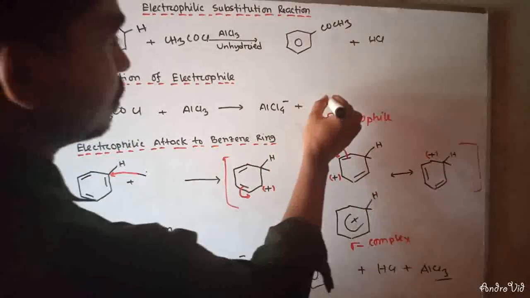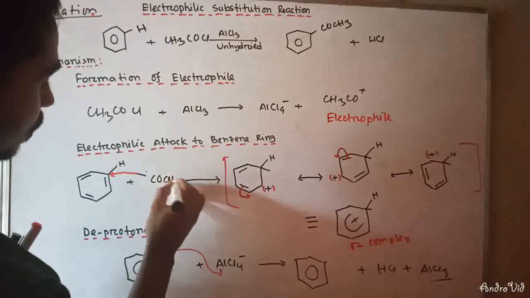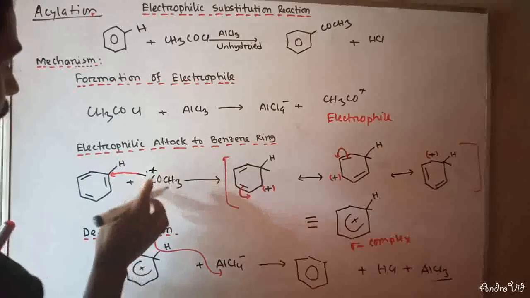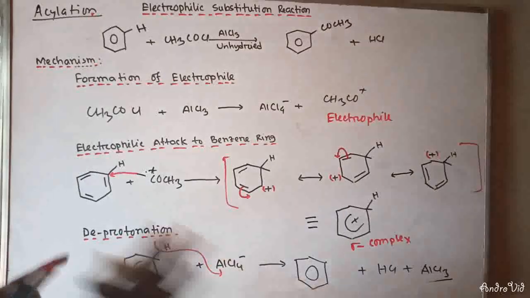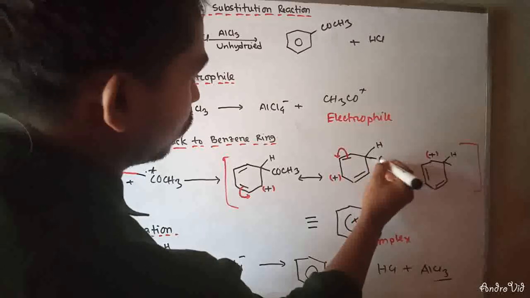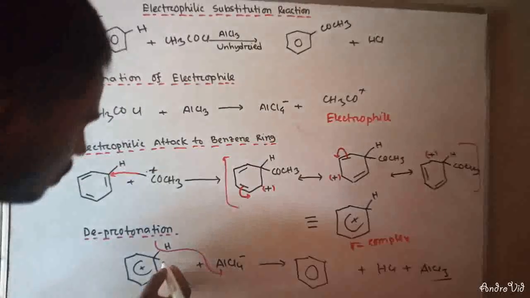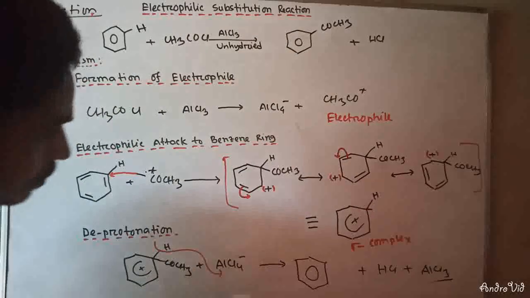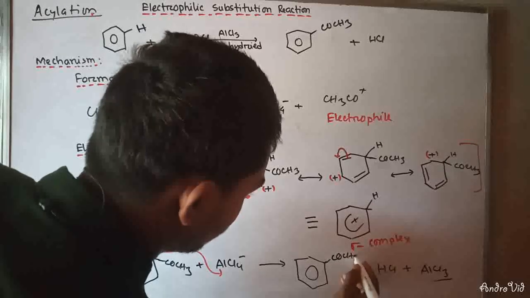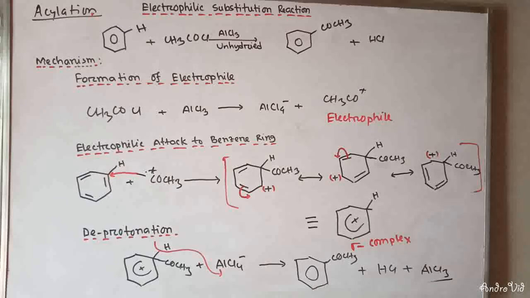COCH3 as electrophile will attack the benzene ring, and the mechanism is the same as alkylation. Then the product is the COCH3-substituted benzene, and everything is top to bottom just like the alkylation reaction. Just replace the CH3 group by the CH3CO group.